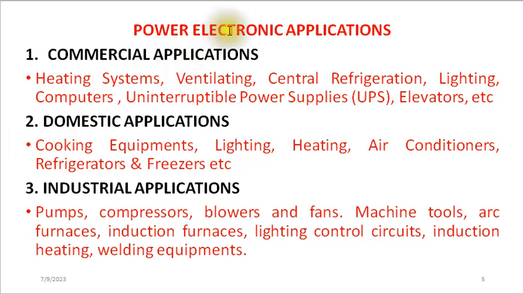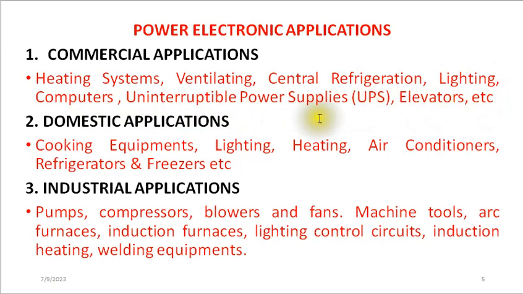Power electronics has so many areas of application. Briefly, the first one is the commercial area, which involves heating systems, ventilating, central refrigeration, lighting, computers, uninterruptible power supplies, elevators, and many more.